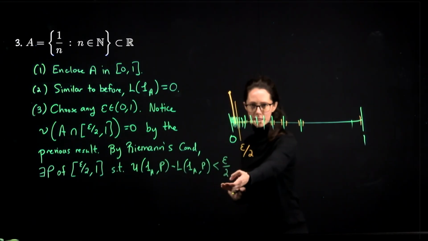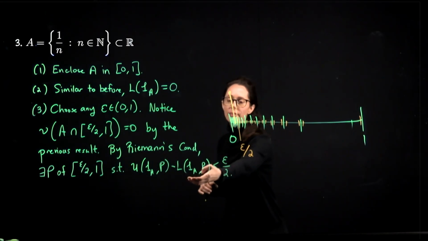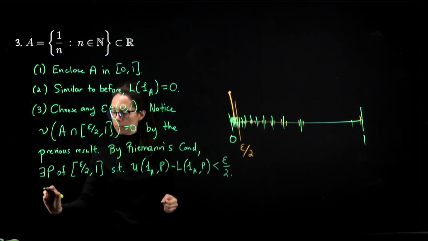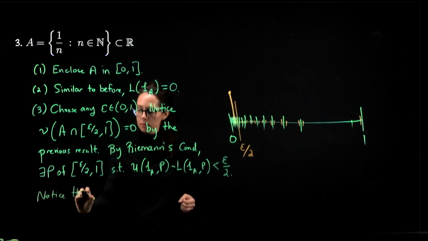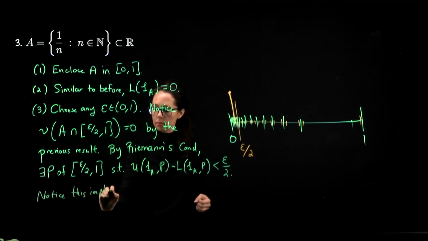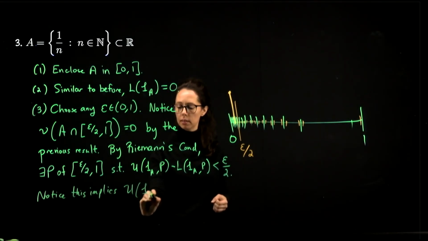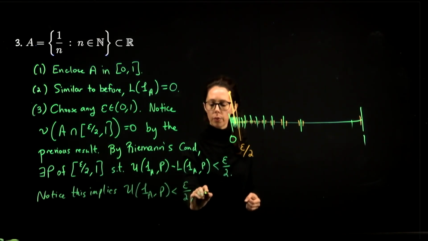So it's like have this in mind and then go make your partition. Well, we know that the lower sum is actually 0, same argument that we've made several times. Notice this implies that just the upper sum is less than epsilon over 2, as the lower sum is 0.